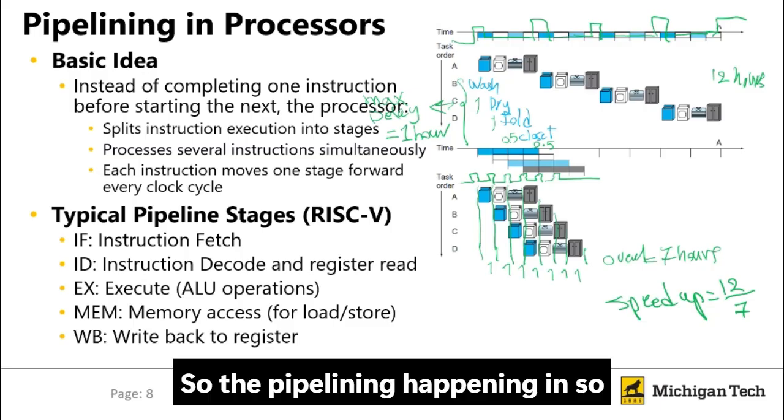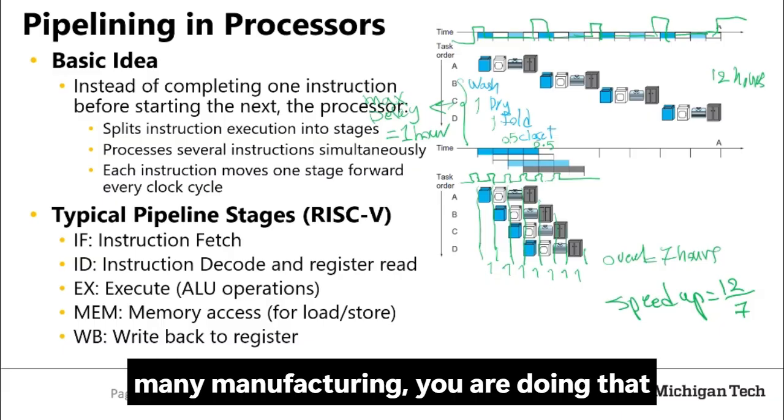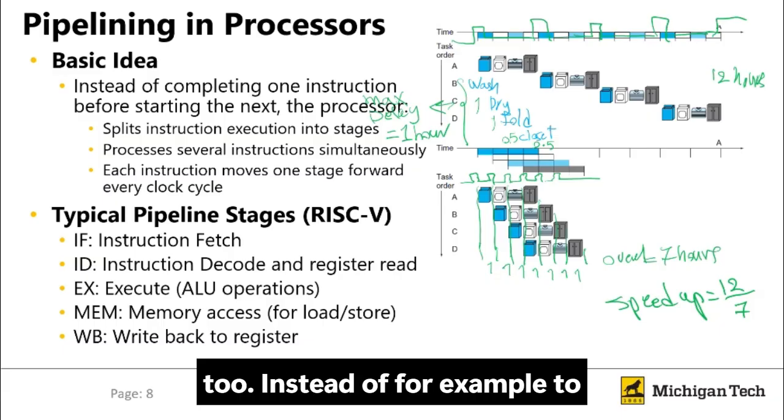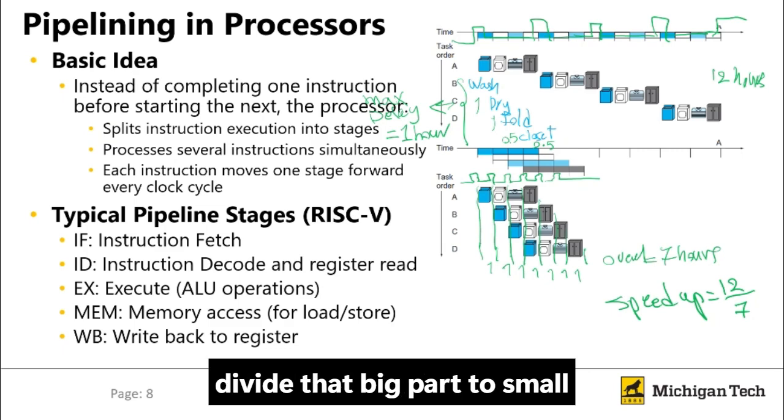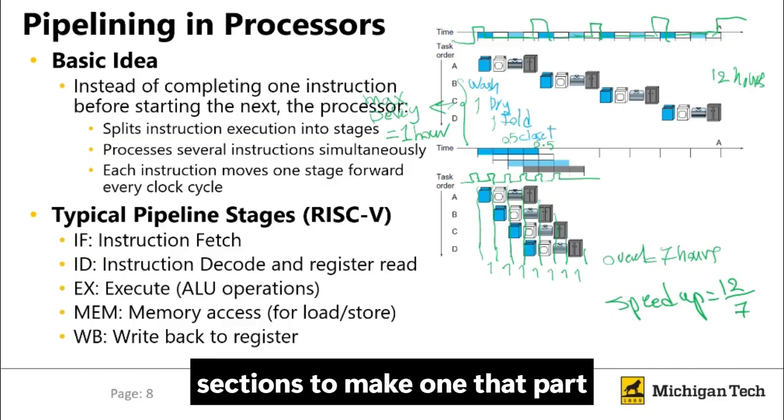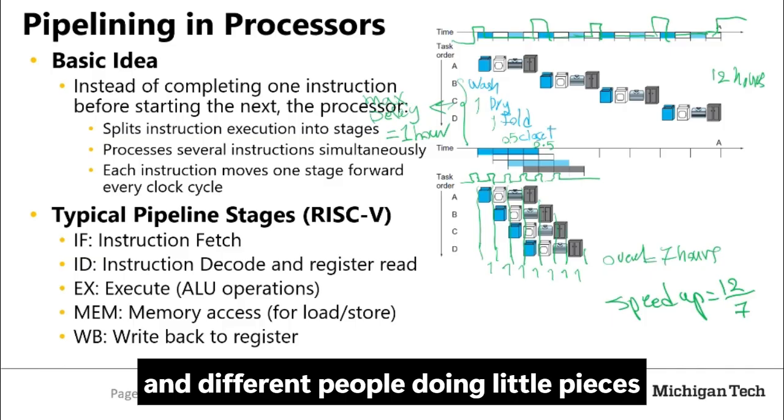Pipelining happens in so many manufacturing settings. Instead of making one part as a whole, they can divide that big part into small sections, and different people do little pieces.